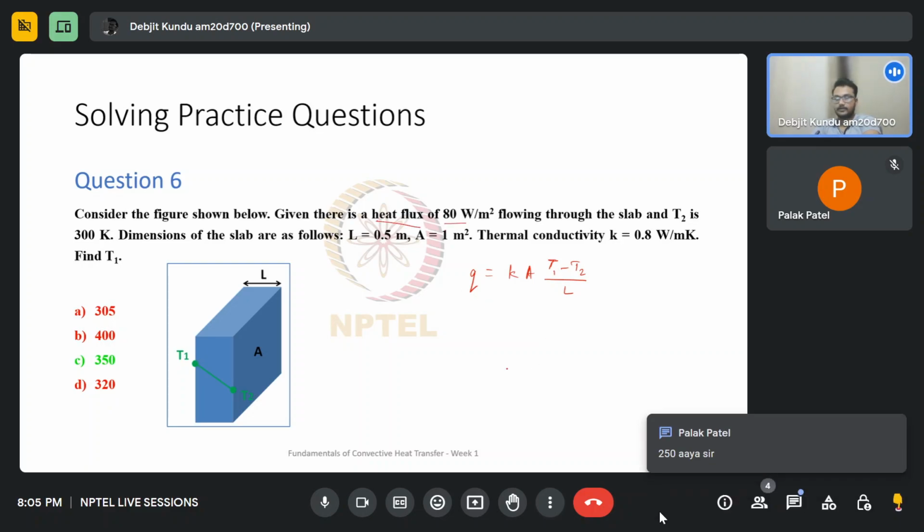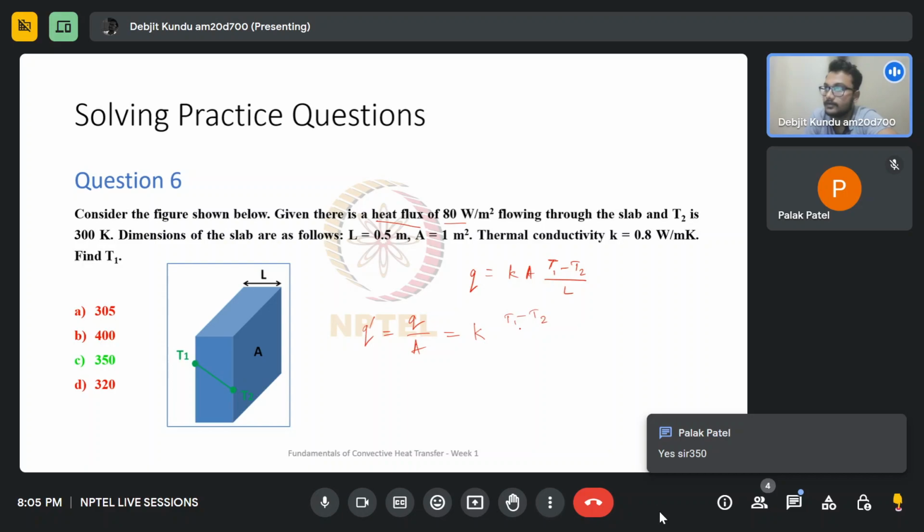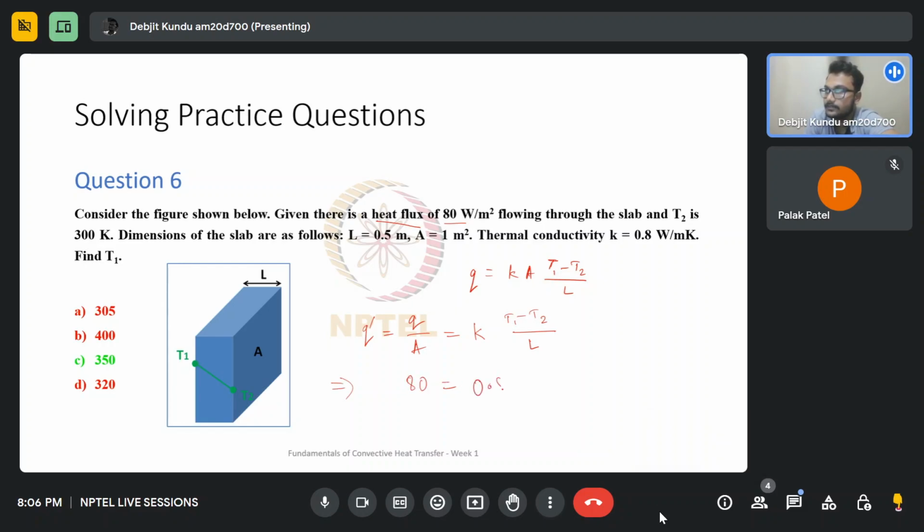So 250, that should not come. Anyway, let me do the solution here, you see if there is a mistake in any step. The flux q dashed, as I call it, would be Q by A, and from this formula it would be K into (T1 minus T2) divided by L. Now this value of this flux is given as 80, and K is 0.8, L is 0.5, and here it's T1 minus T2.